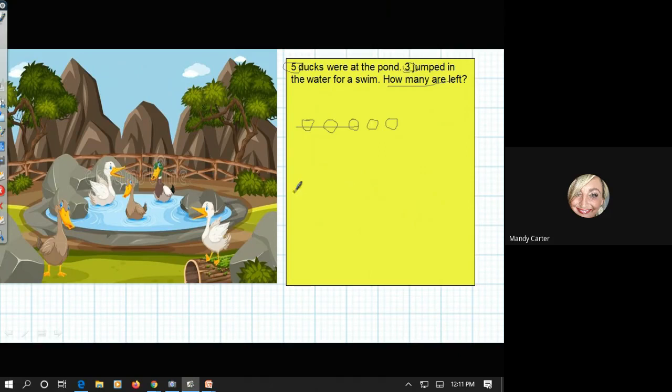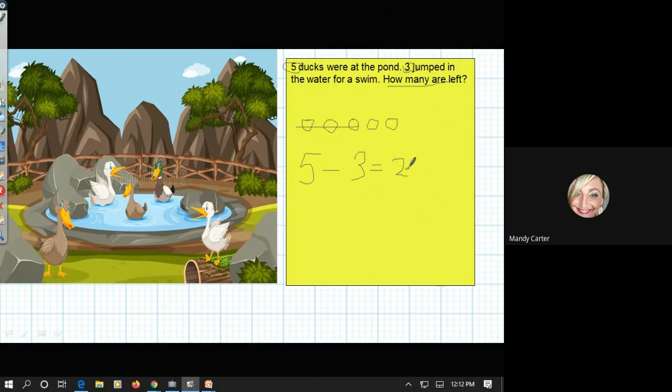Now let's write a math equation that matches our story. 5 ducks, and they jumped in, they're going away, so we're going to use our subtraction symbol. And 3 jump in, and that equals 1, 2.